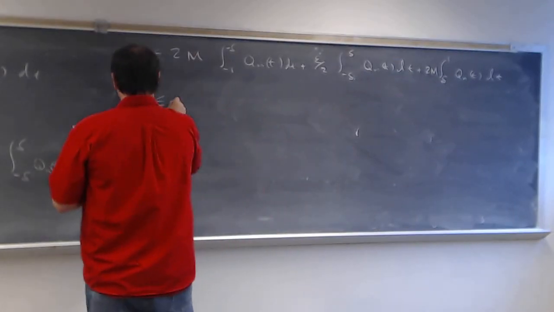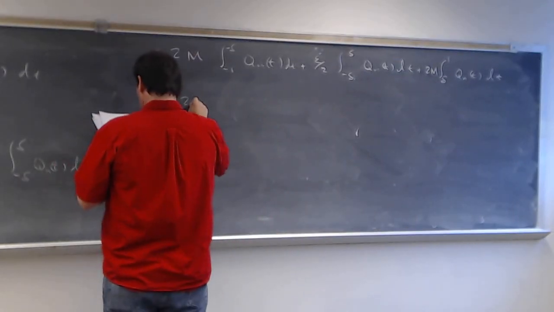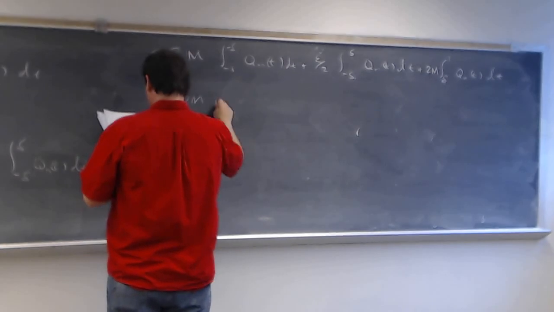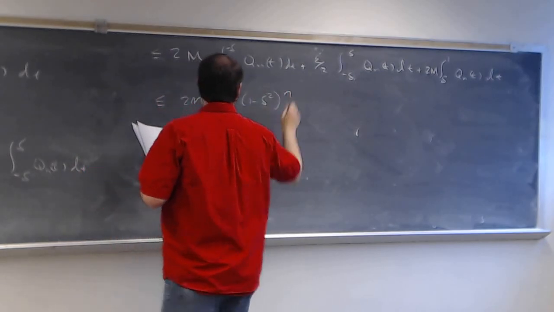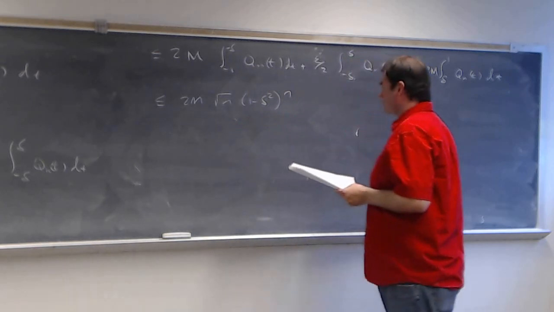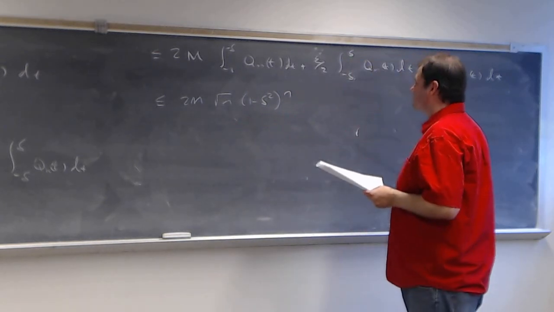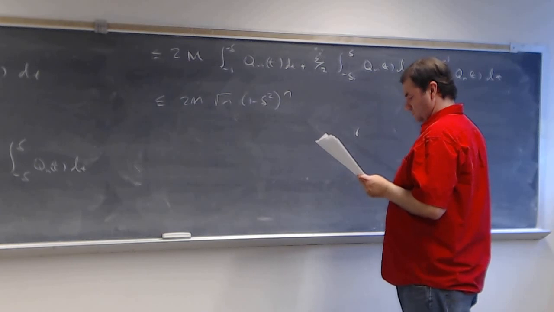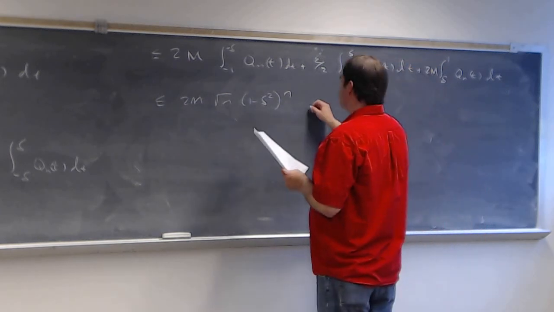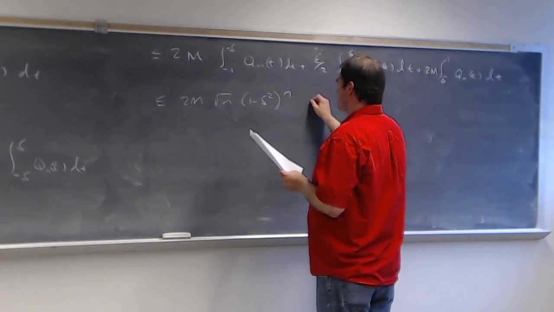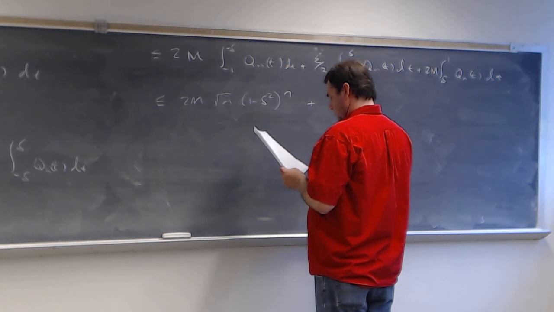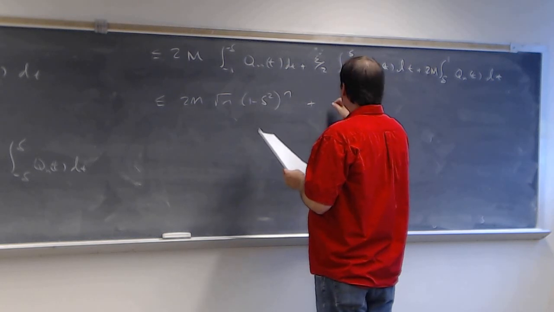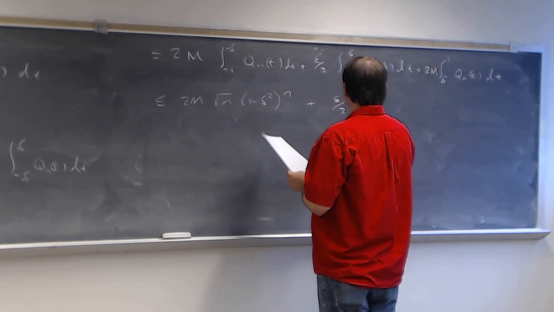So this will be less than or equal to 2m times the square root of n times (1 minus delta squared) raised to the n, plus epsilon over 2.